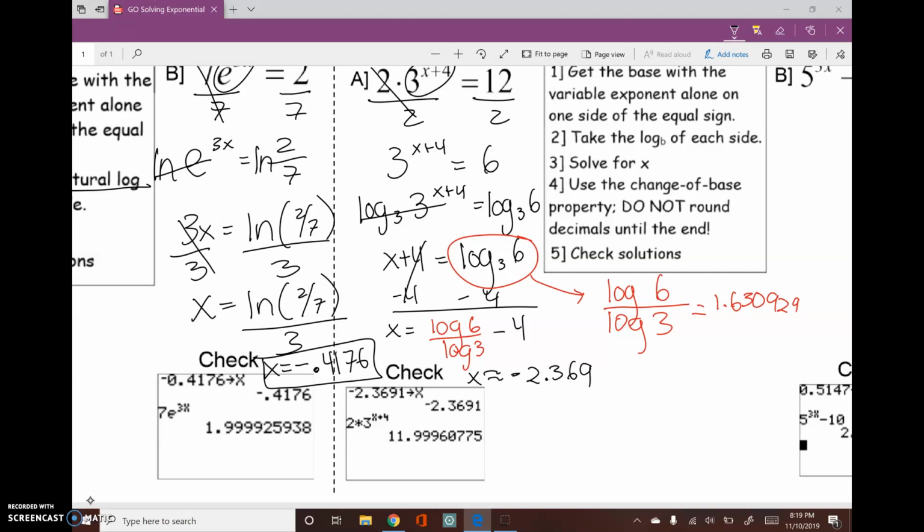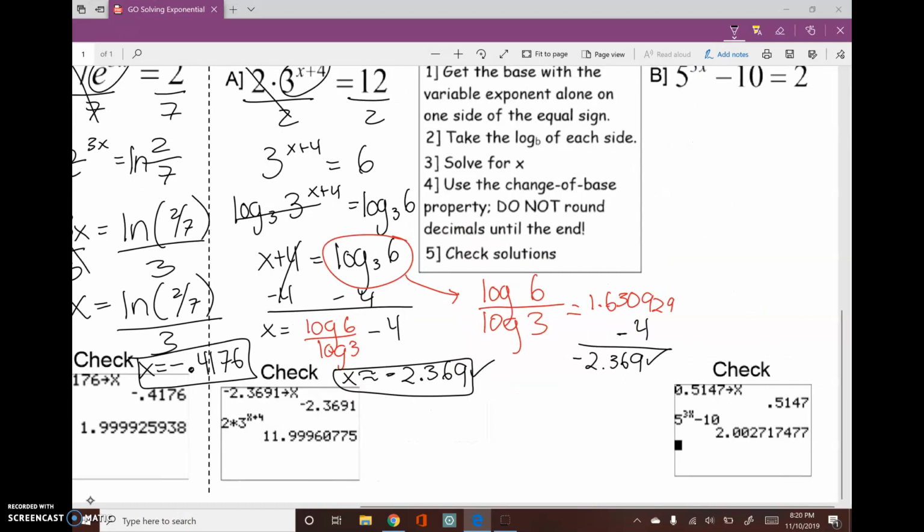Or I could have just subtracted this minus 4, and it should give me the same or close to the same number, and it does. So whichever one works for you. Either do it on the side or do it all together in your calculator.